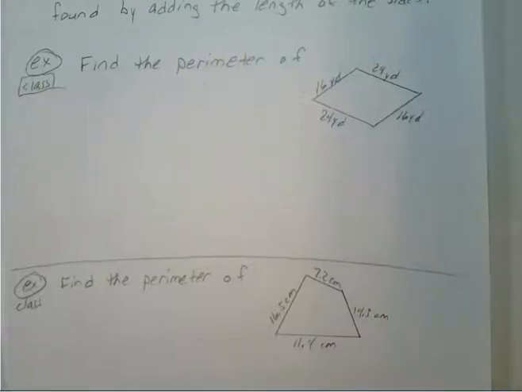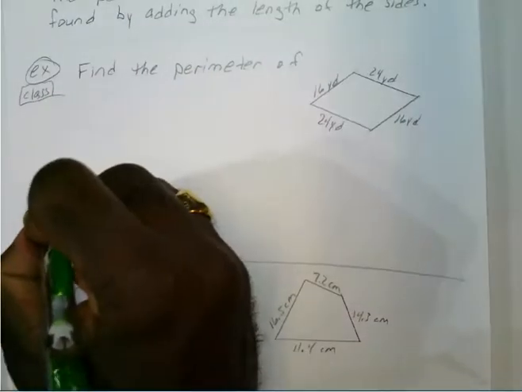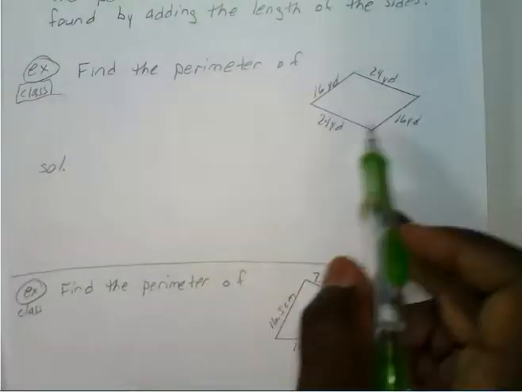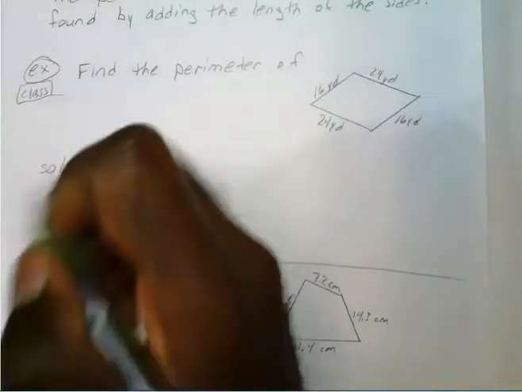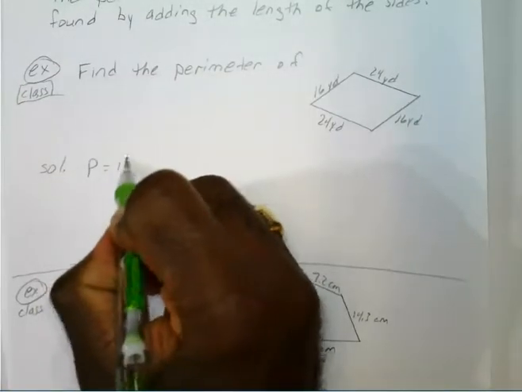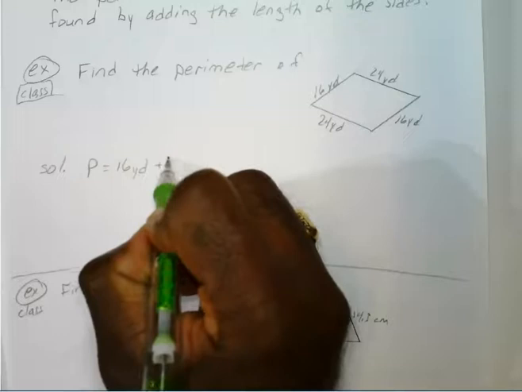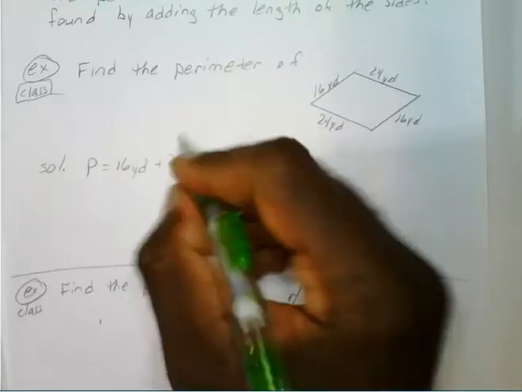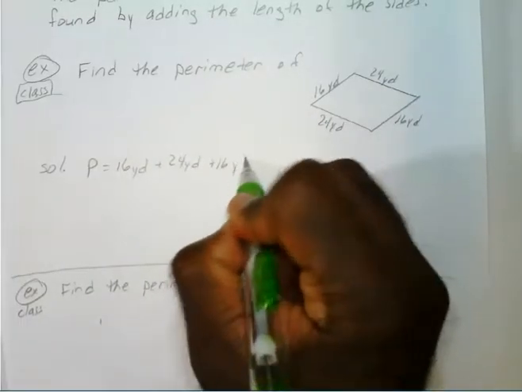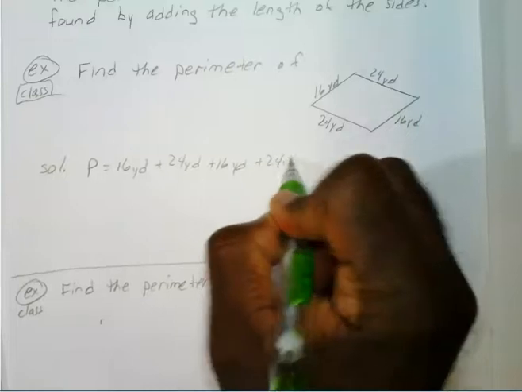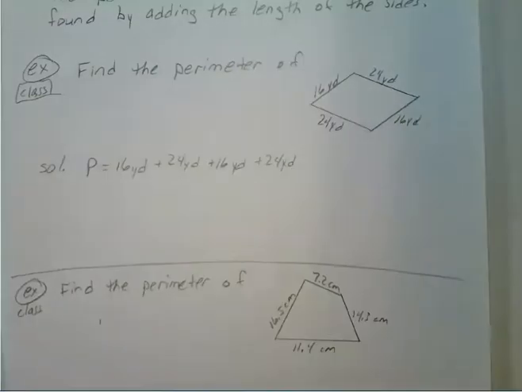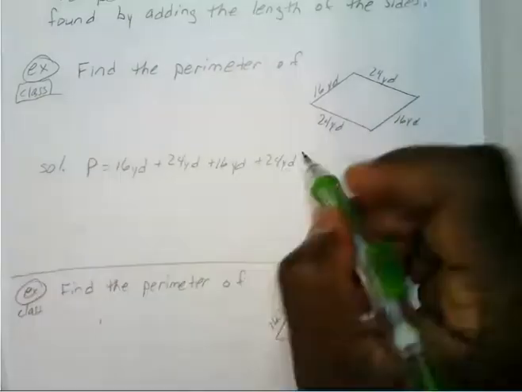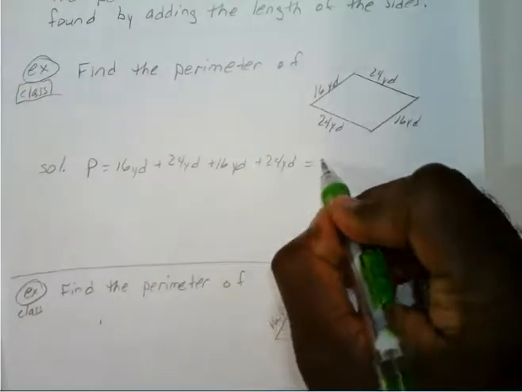All right, so I'm assuming you've pressed pause and you've already found the perimeter of these two shapes. So let's go ahead and verify. Okay, so the perimeter, you're just adding those together. So your perimeter is going to equal 16 yards plus 24 yards plus 16 yards plus 24 yards. Okay, so the perimeter of this shape is just 80 yards.